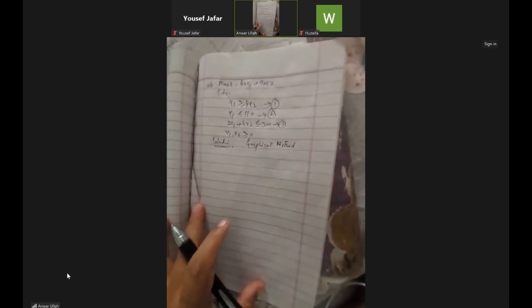For the graphical method, we need to pick the first one and equate it. We can also equate it like that: x1 minus 4x2 is equal to 0. You understand the general mathematics of it?